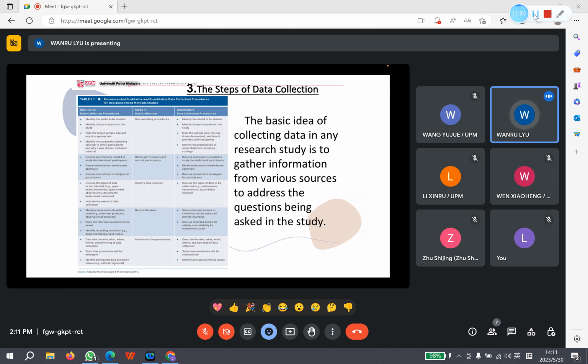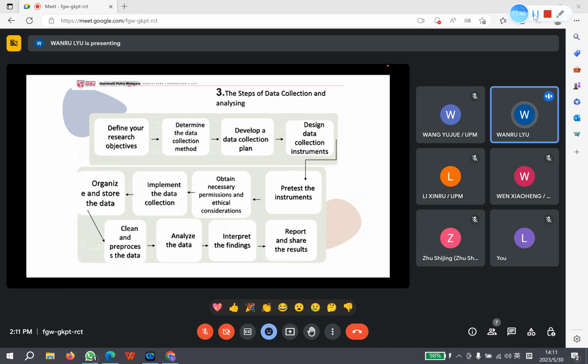And here I also quote a table from Creswell's book, and it shows the steps in data collection in qualitative research, quantitative research, and mixed methods research. And here I outlined some steps in data collection and analyzing. First, you need to define your research objectives. This will guide your data collection process.